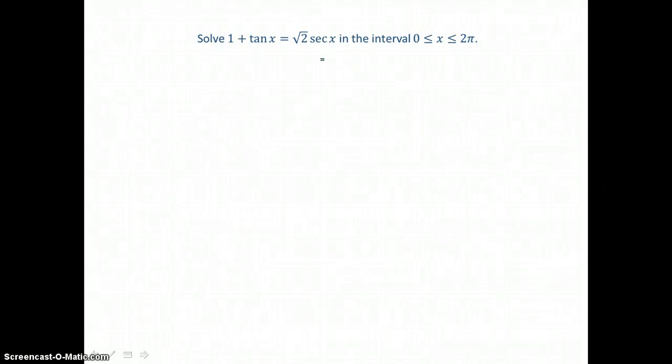The best way I could relate them would be to use the Pythagorean identities. So I'd want those functions squared. So I'm going to begin solving this equation by squaring both sides of this equation. So on the left-hand side, I have a binomial squared, and a binomial squared is going to be a trinomial.